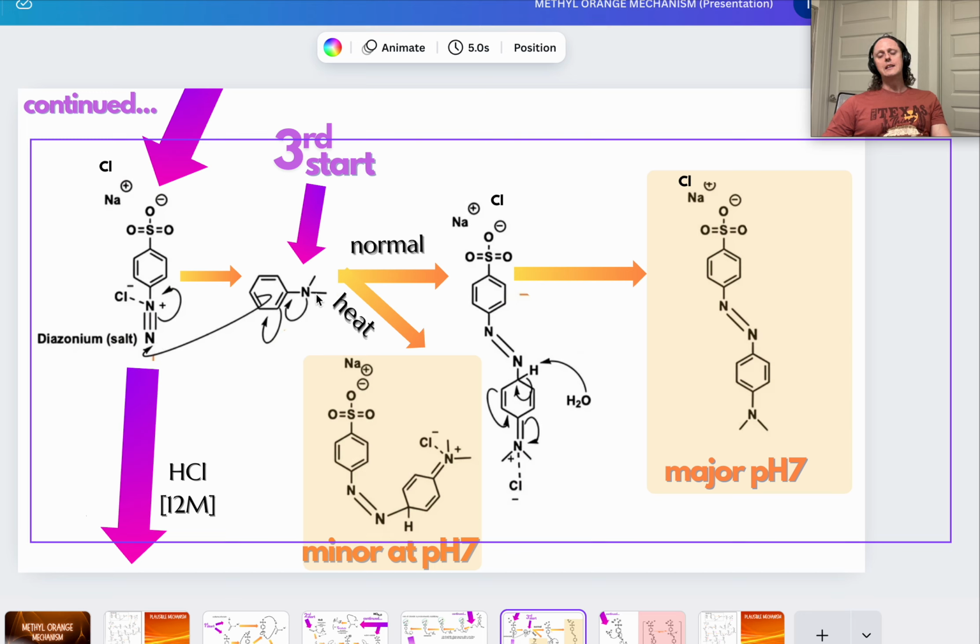Okay, so we add dimethyl aniline, and it shifts electron density down, down, down, and it jumps out, goes there, and goes towards this nitrogen, pulling it all up. So you also have to take note here that the dimethyl group there serves a purpose.